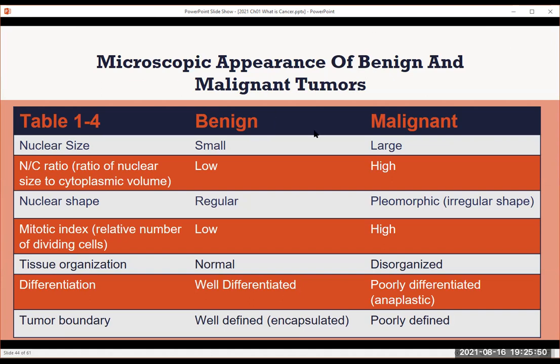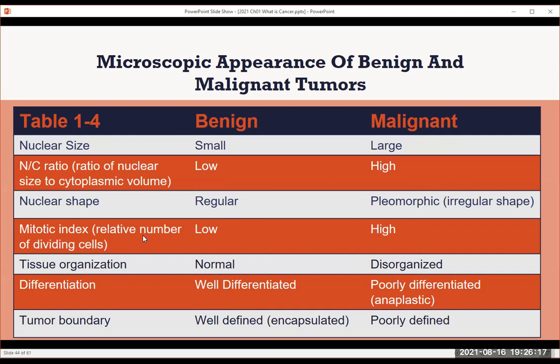So when you're looking at the microscopic appearance of these tumors, here are some of the things you would be looking at. A benign tumor would have small nuclear size versus malignant, which is large. The nuclear size to cytoplasmic volume will be low in benign, high in malignant. The nuclear shape will be regular for benign, but irregular for malignant.